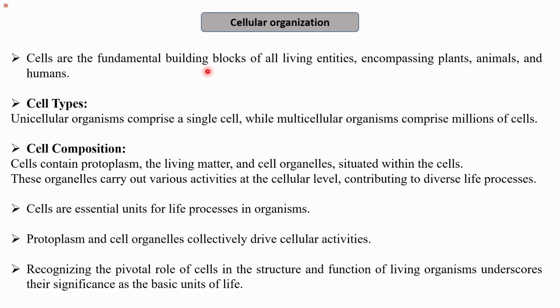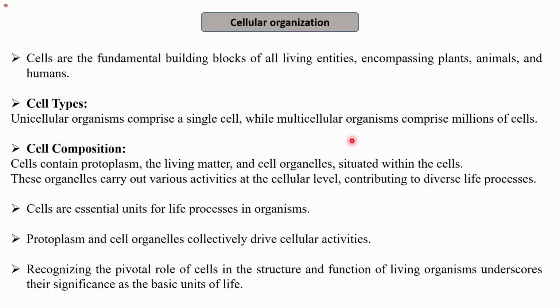There are two types of organisms that can be classified based on the cellular types: unicellular organisms and multicellular organisms. Unicellular organisms are the ones that comprise a single cell, while multicellular organisms comprise millions of cells that lead to the formation of organisms.